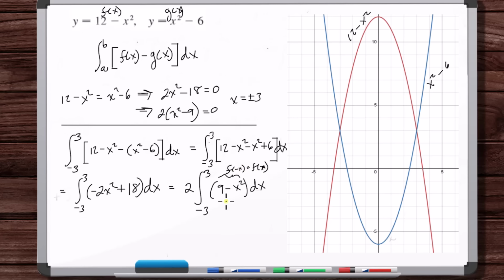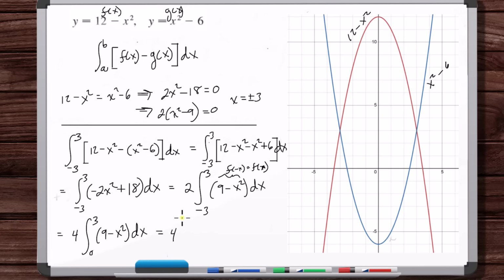This is an even function. So based on properties of symmetry with definite integrals, we can take a 2 out, so we're left with 4, and then this goes from 0 to 3. This will make it a little bit easier to solve.